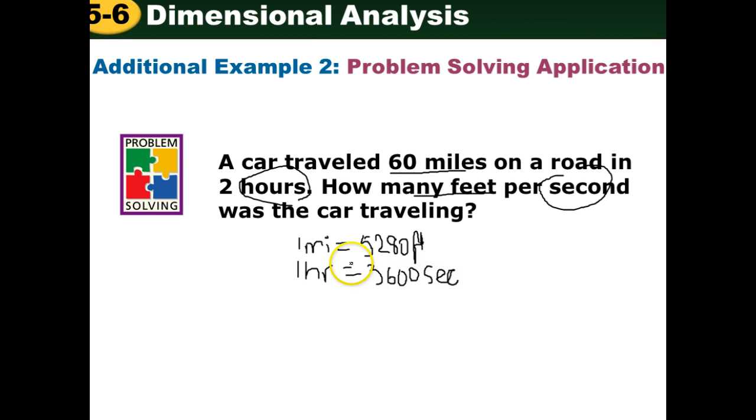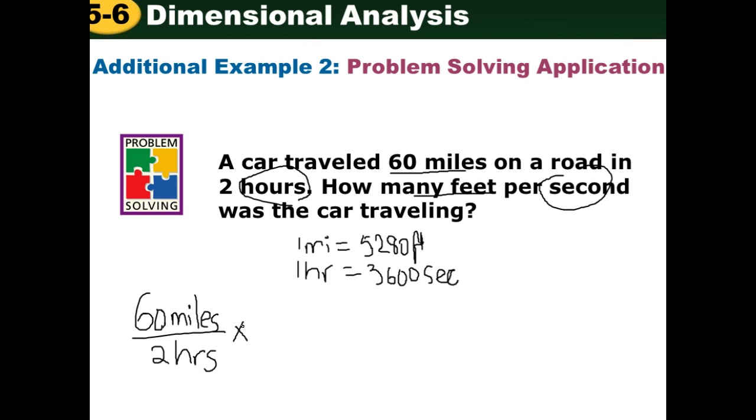So, now we need to set up the ratio. So we have 60 miles in 2 hours. Please write your unit. So we have 60 miles over 2 hours. So this is my ratio right here. Times.